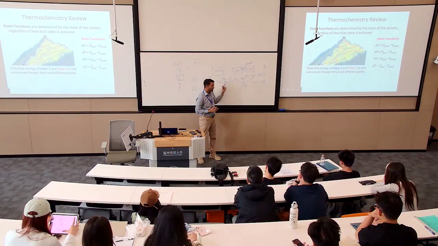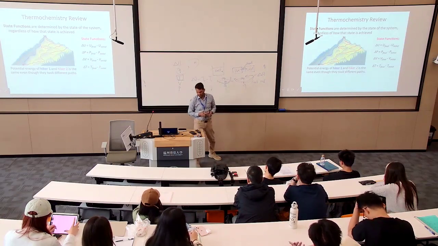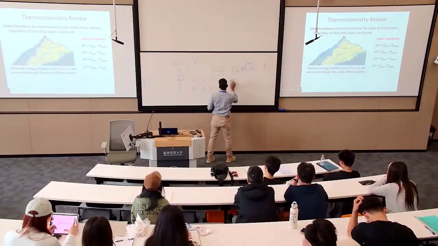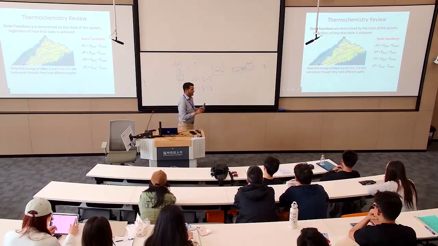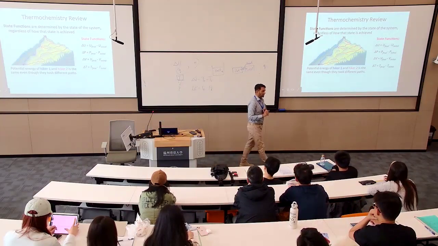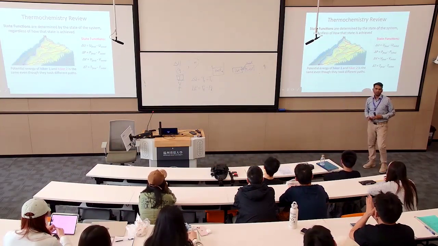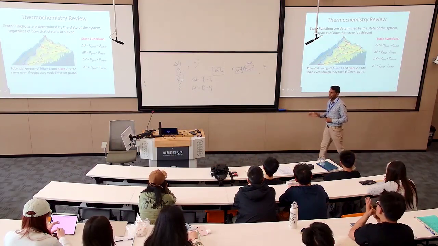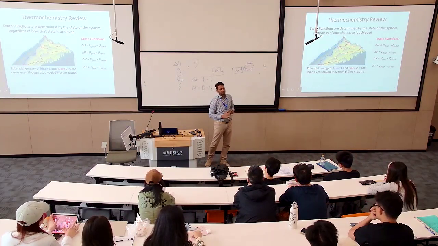Here, with a good conductor, heat passes quickly, easily, effectively. So heat and work are not state functions. Understand? So how do you determine whether it is a state function or not? All properties are state functions except heat and work. Actually, heat and work are ways to transfer energy.